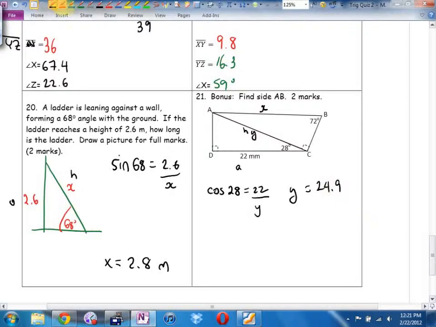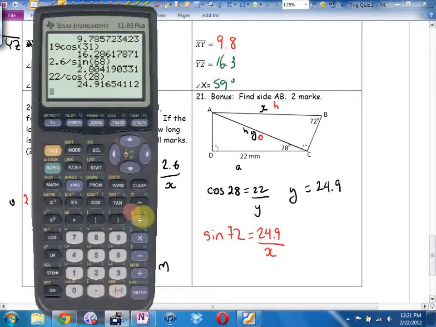And now I can go opposite, hypotenuse in the top triangle. It's going to be sine of 72 equals 24.9 divided by x. It's going to be this number divided by the sine of 72. Is the answer 26.2? 2 marks of bonus. Yes, 2.